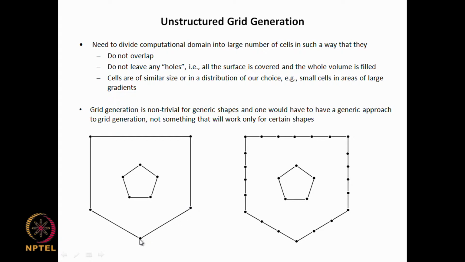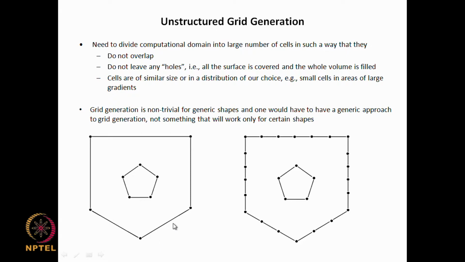You would like this velocity variation to be resolved. So you would like to have a few grid points, maybe 3-4 grid points here, so that you can say velocity at this point is here, the velocity at this point is here, the velocity at this point is here, and when you join them you get this straight line.